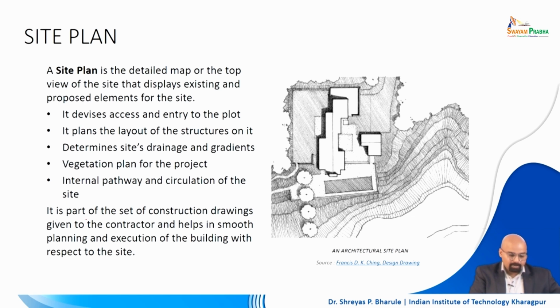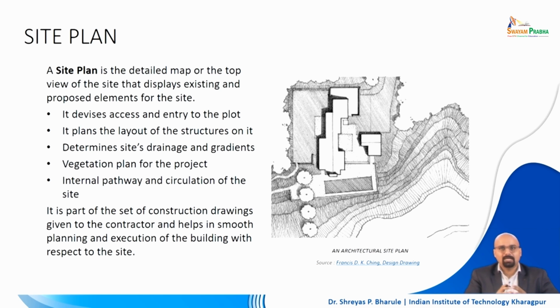It is part of the set of construction drawings given to the contractor, which helps in smooth planning and execution of the building with respect to the site. This is very important. Even if you are doing a simple building without a site plan, the contractor will never know how to place the building.